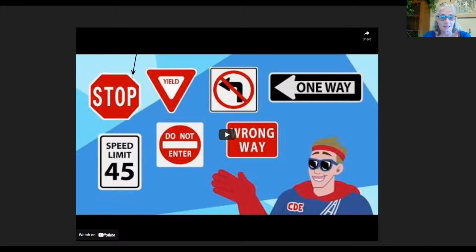If you said stop sign, you would be correct. Can I have another volunteer? What does that sign mean? If you said no turning left, you would be correct.